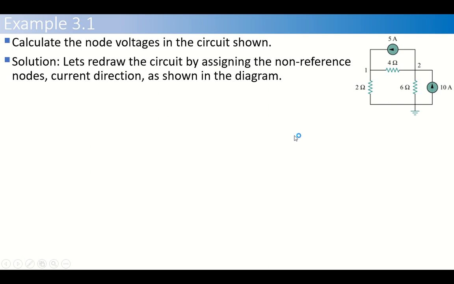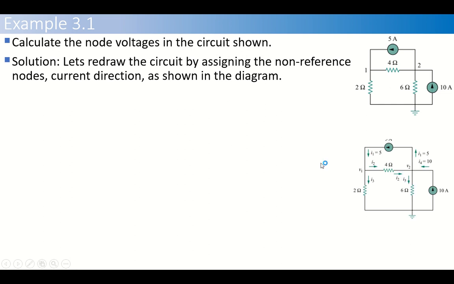First step, let's draw the circuit by assigning the non-reference nodes' current directions as shown in the diagram. Now we can redraw this circuit. To apply nodal analysis, remember that we must have the current direction in each branch.